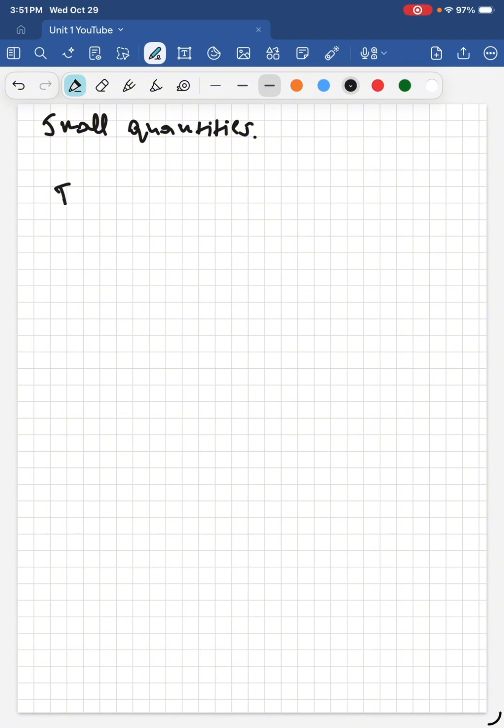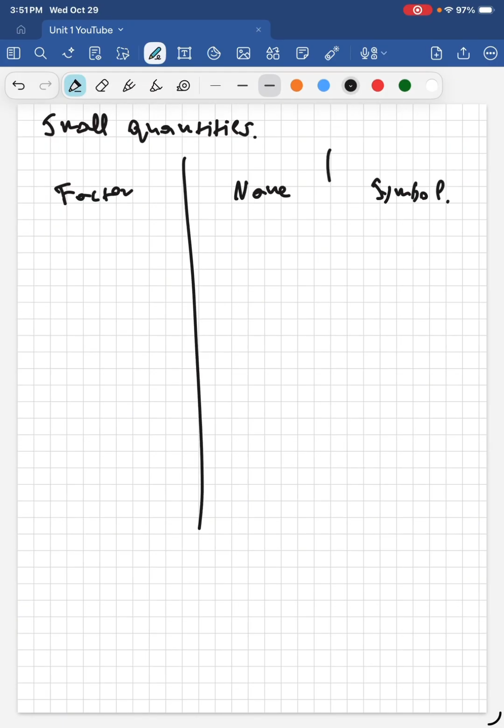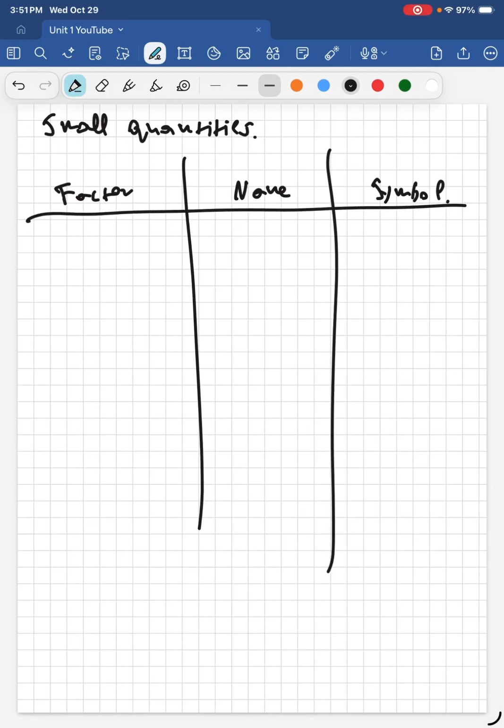So again, the same table, factor, name, and symbol. So 10 to the negative 1, the name is deci, and the symbol is d, very, very rarely used. Then 10 to the negative 2, name is centi, and the symbol is c.